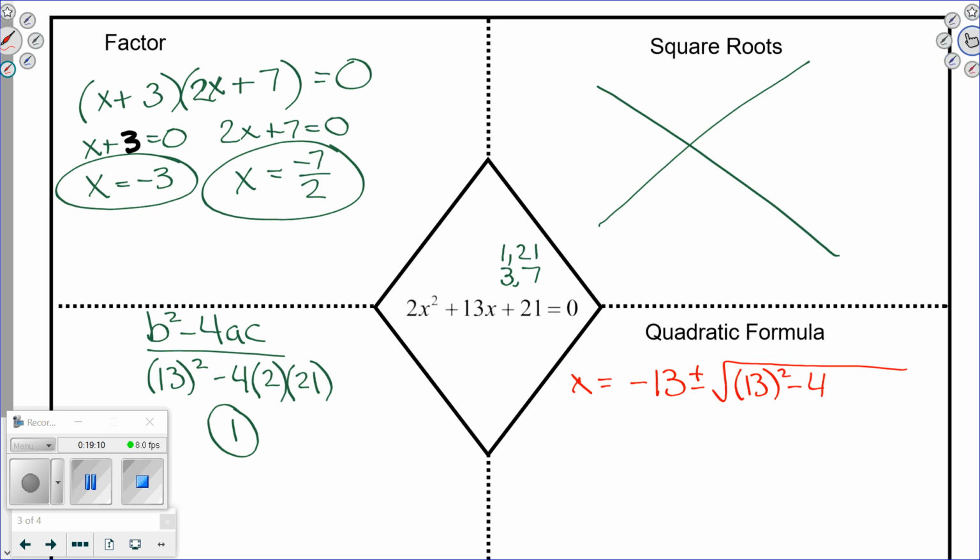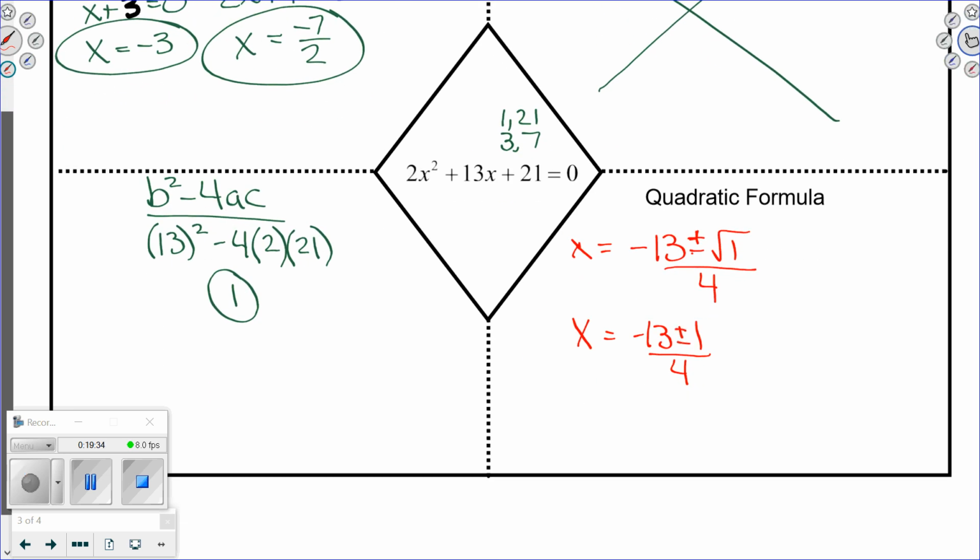We already know what it is. It's going to be 1, plus or minus square root of 1, over 2a, which is 4. What's the square root of 1? It's 1. So negative 13 plus or minus 1 over 4.